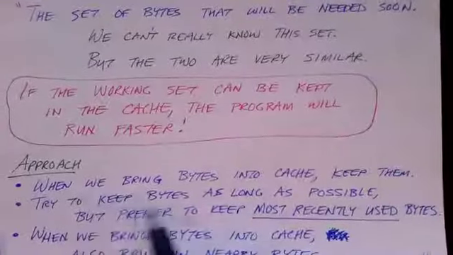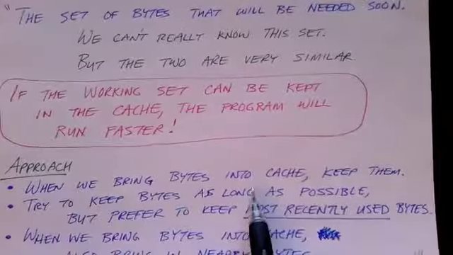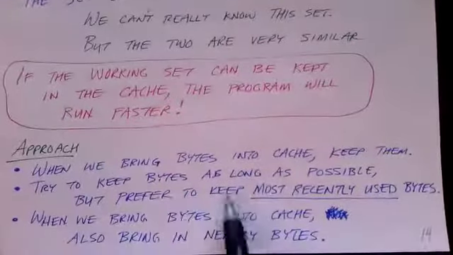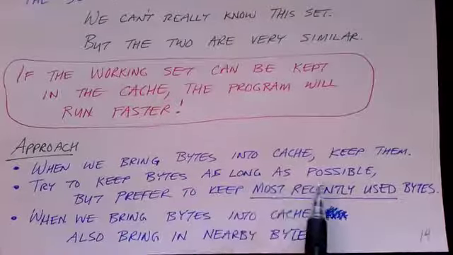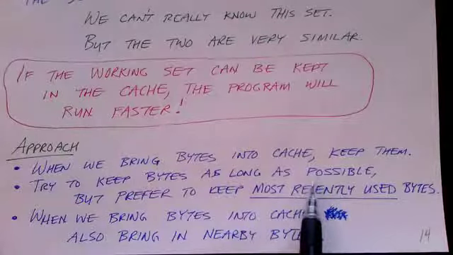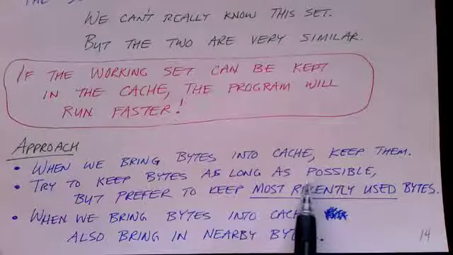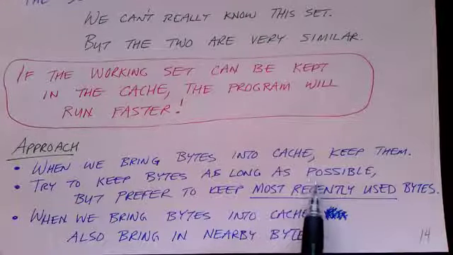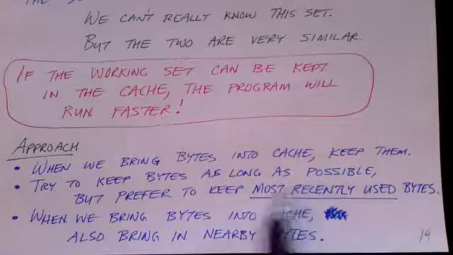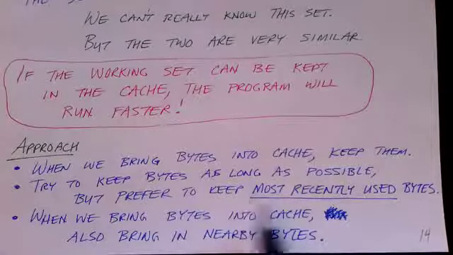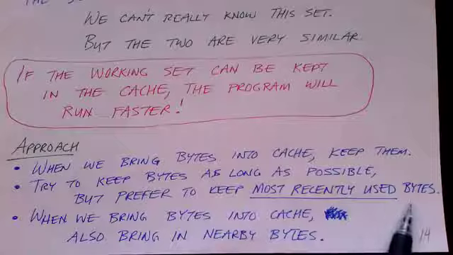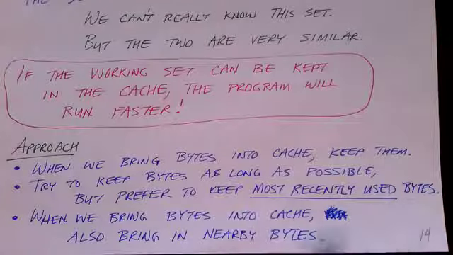So when we bring bytes into the cache, we keep them. We try to keep the bytes as long as possible, of course, but the cache has limited memory, so occasionally we have to evict some bytes, but we prefer to keep the most recently used bytes in the cache.